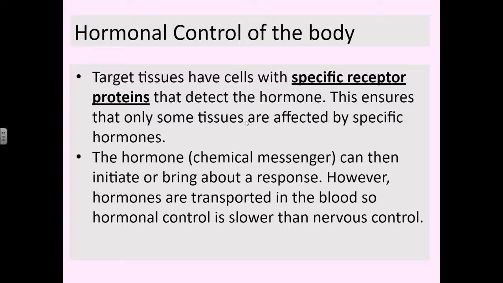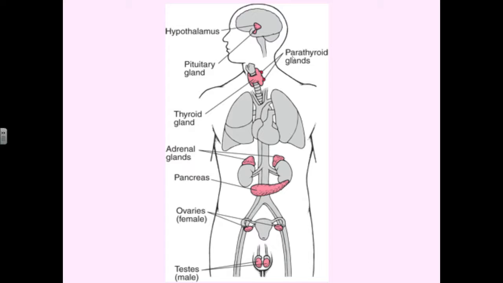Testosterone is only able to affect the cells where, when it bumps off them, the wee sticky outy protein on the testosterone fits into a recess in the target cell. So that's how it works. Only the target tissues have the specific receptor proteins that match the membrane proteins on that hormone. So you can travel all around the blood and only affect the tissues that you're actually trying to go for.